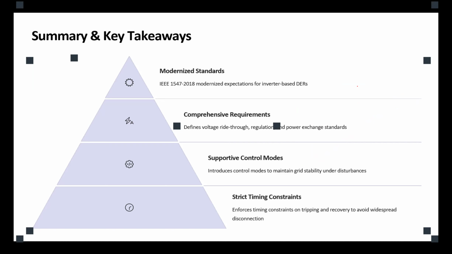It defines the voltage ride-through, the regulation times, and the power exchange requirement during the fault, which could be high voltage ride-through or low voltage ride-through, swell or sag in a voltage. It basically introduced the requirement for a supportive control system, so we could enhance our current control system.